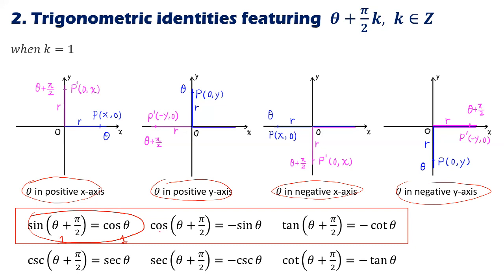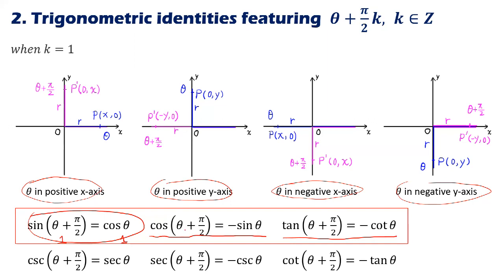And similarly, we can use the same method to check that for any theta that lies on the x-axis or y-axis, we also have cosine theta plus half pi equals minus sine theta, and tangent theta plus half pi equals minus cotangent theta.